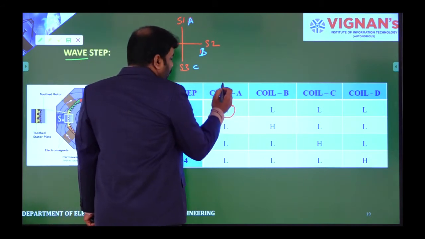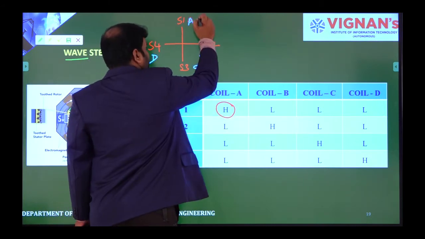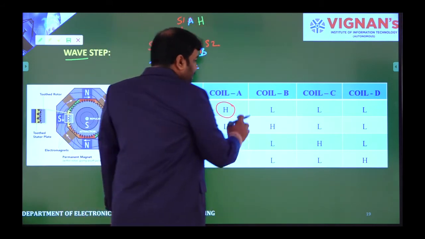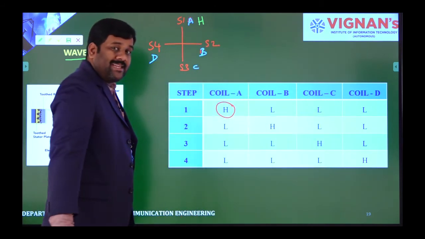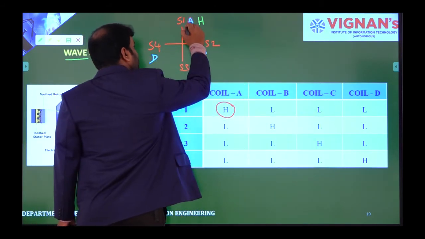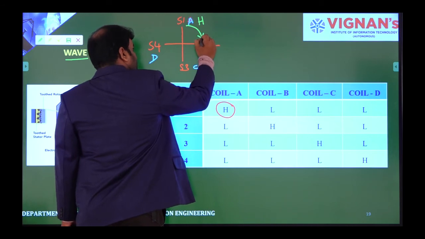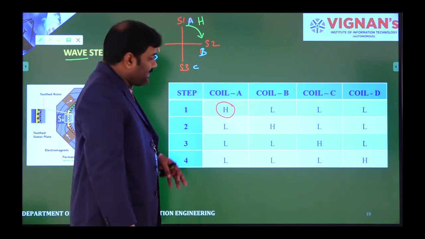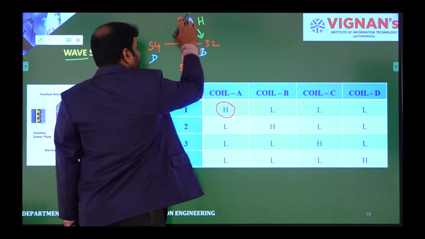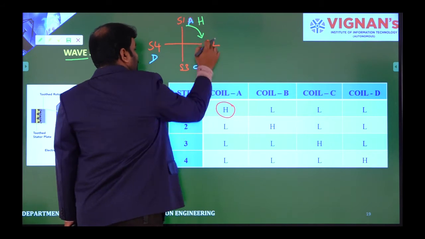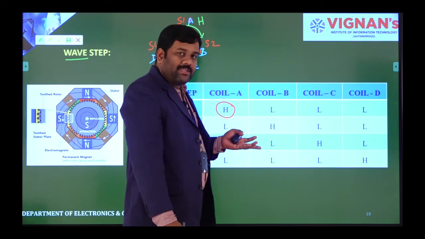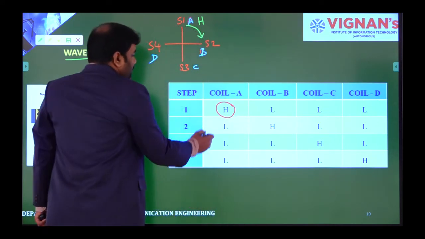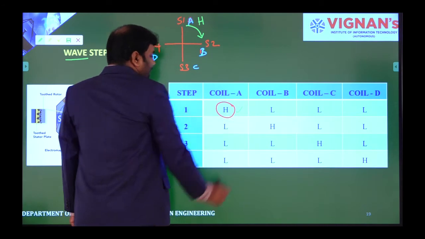Initially I am maintaining coil A in the higher stage. When coil A is in higher mode and the remaining 3 are in lower modes, it will try to change the position from S1 to S2, but it will not be supported by the supply voltage, because we are not giving 2 highs, both coil A and coil B. I am giving only coil A in higher mode.